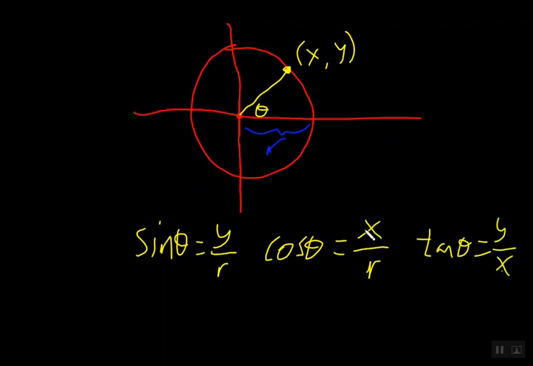You could also see that the y component is r sine theta, and x is equal to r cosine theta. This will be important a bit later. This should be familiar to you. You should know how to apply it, especially with vectors. We'll have a video on vectors, but it's not going to be too in-depth; it's going to be an overview like this. And if r is equal to 1, then sine of theta is y, cosine of theta is x, and tangent of theta is still y over x.